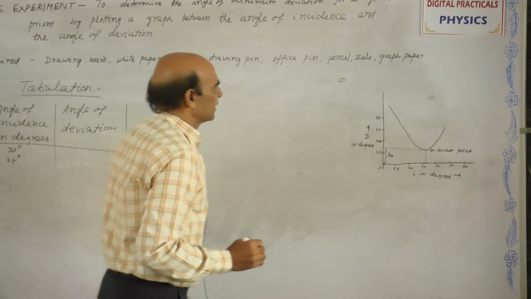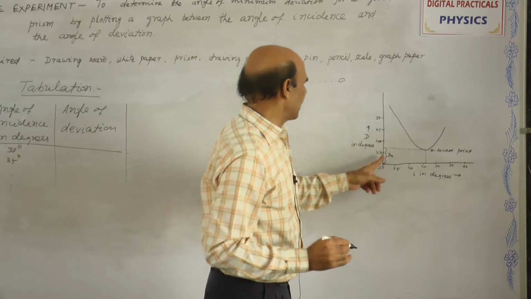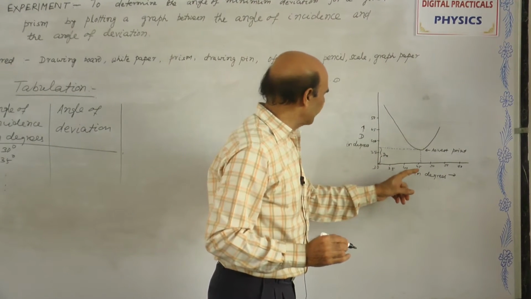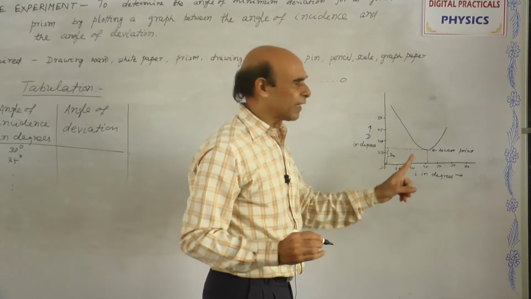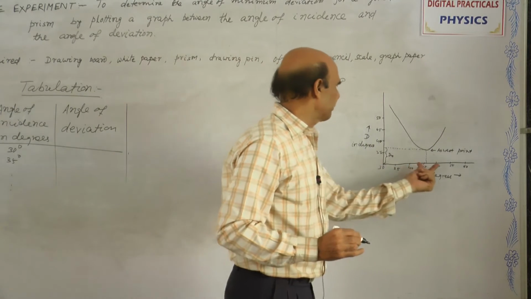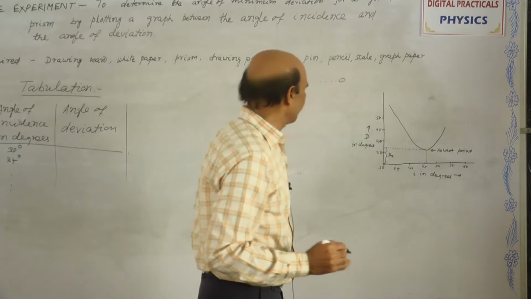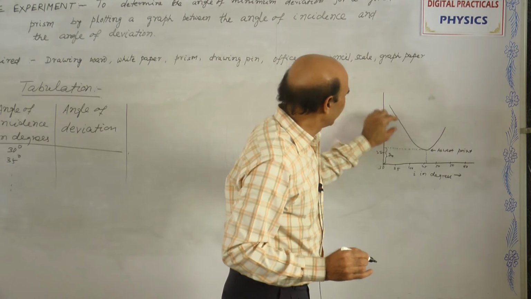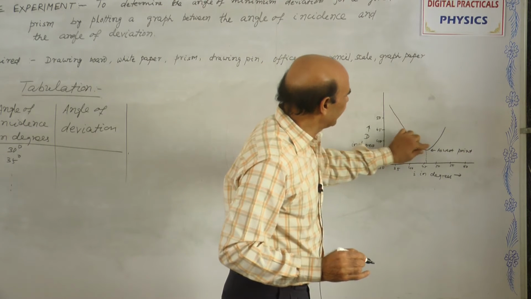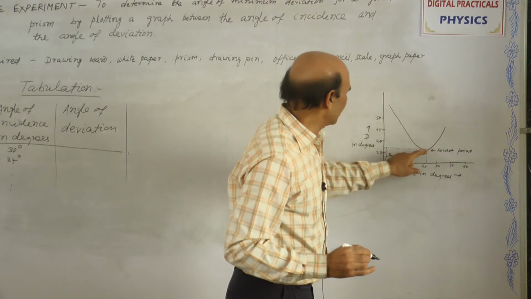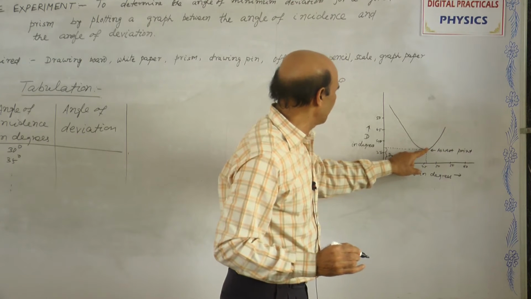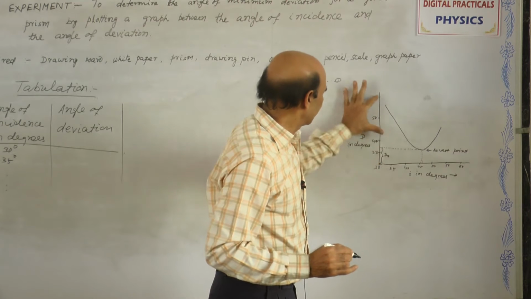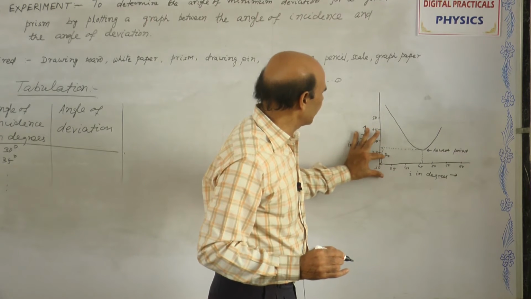Generally, the angle of deviation will come around 35 to 40, and in between it is nearly around 45 to 50. And here, at the lowest point, it is decreasing and again it is increasing. At the lowest point, the deviation is minimum, and the corresponding value of D gives the deviation.